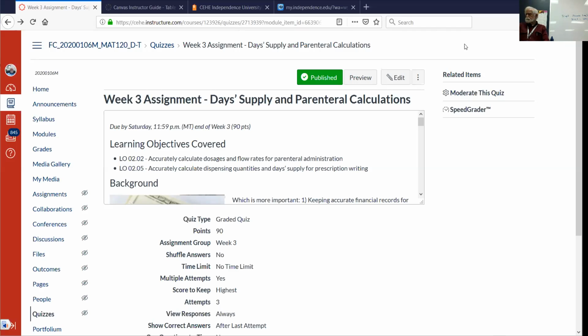Now remember, the drug might have to be reconstituted. We're not going to worry about that in this particular problem, but we just inject it directly into the bag. And as long as the amount of drug that we're injecting is relatively small compared to the total volume of the bag, we ignore the additional volume.